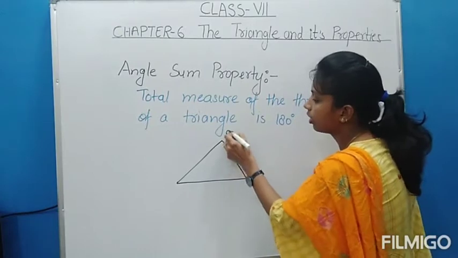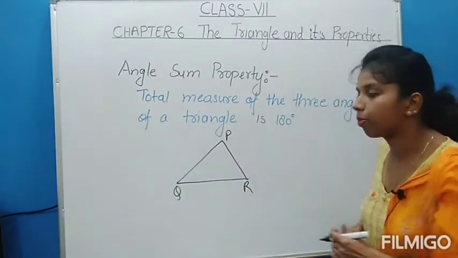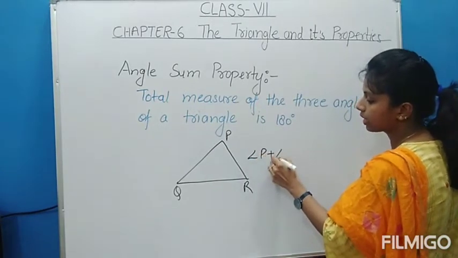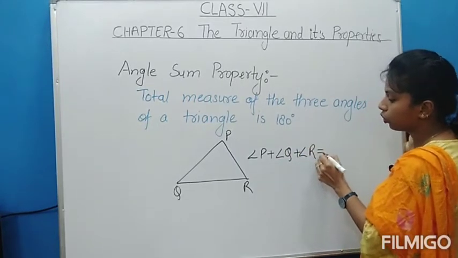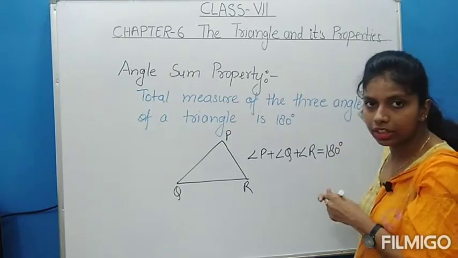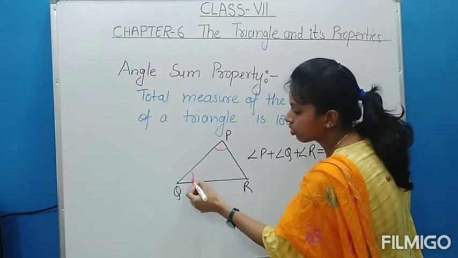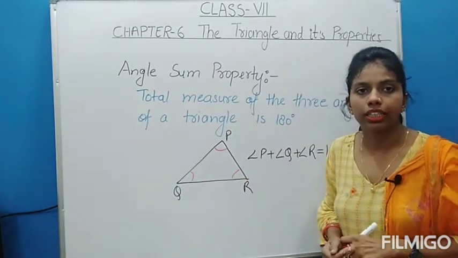According to this property, we can write angle P plus angle Q plus angle R is equal to 180 degrees. So the sum of all angles of a triangle is always equal to 180 degrees.